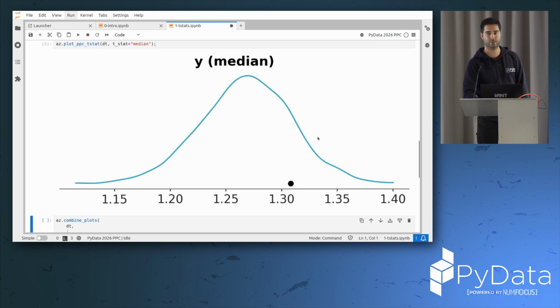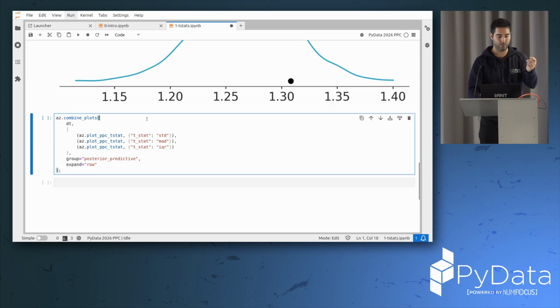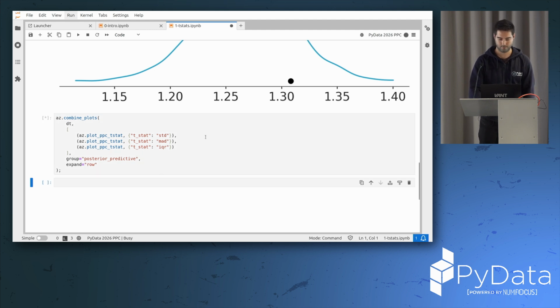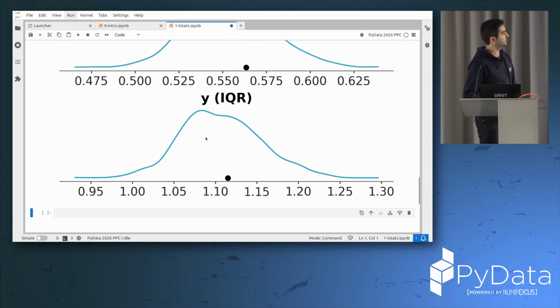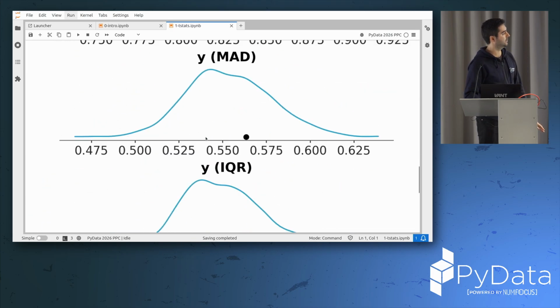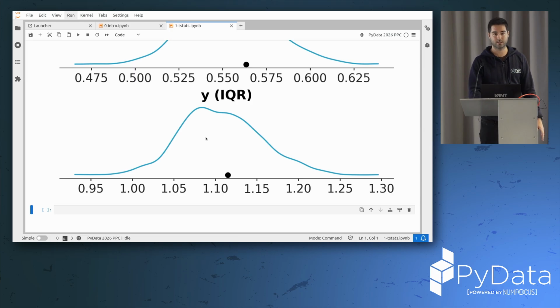So this is the distribution over the posterior predictive for this t statistic function, and this is the same t statistic function applied to the observed data. We have a function to combine plots all applied to the same data, so I can compare STD, median absolute deviation, interquartile range all at once. And we see that more or less all look okay.